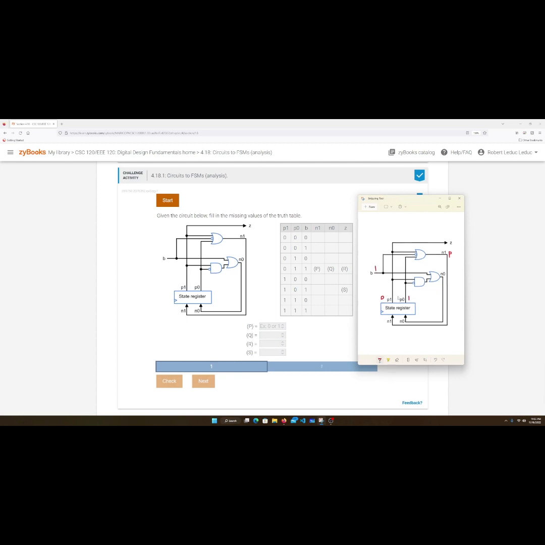Now that we know the inputs going into these logic gates, we should be able to figure out these missing values. For P, we have a 3-input OR gate. The value coming out of the state register at P1 comes in unchanged, and it is going to be 0. The value from P0 is also coming in unchanged.